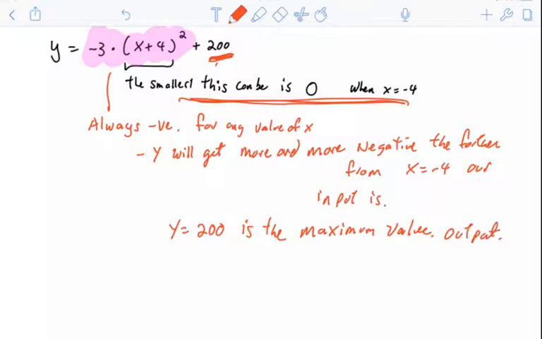This is lovely because when it's in its standard form, we can interpret what the maximum value of the function is going to be. Let's try another one.